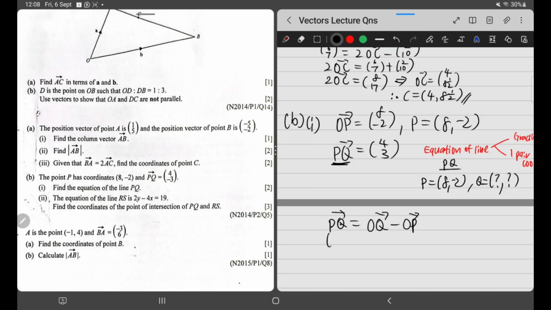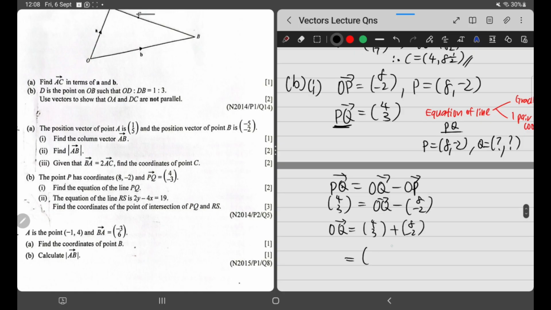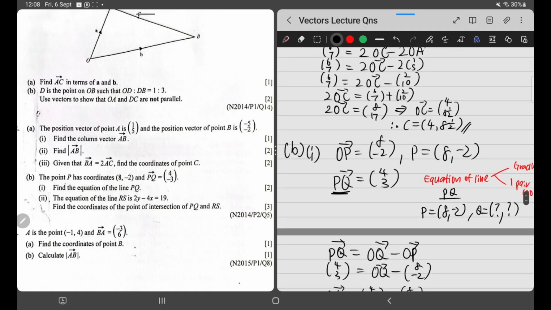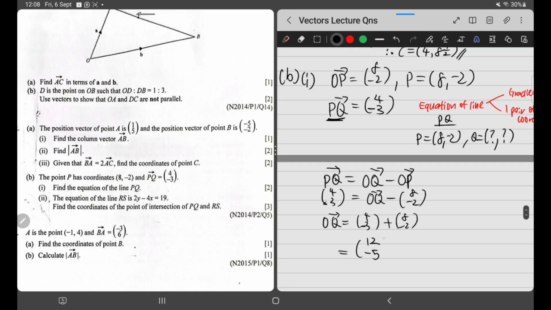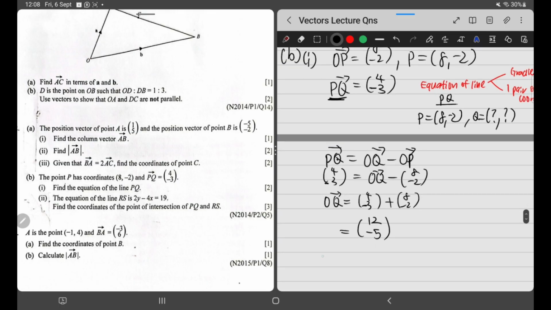So we sub in the values, we have (4, -3) equals OQ minus (8, -2), where OQ is the unknown. Therefore, OQ is (4, -3) plus (8, -2). Let me check the signs. This should give us 12, and -5. Therefore, my Q coordinates are (12, -5).